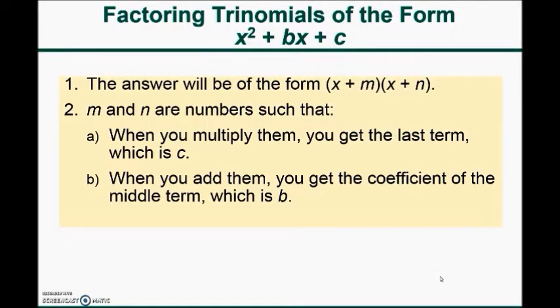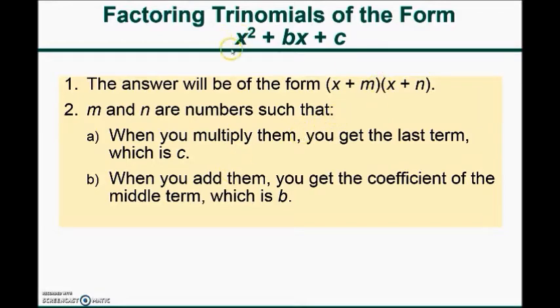Okay, so what is it? Well, first we are interested in factoring the form x squared plus bx plus c. If you look at this trinomial, the coefficient of x squared, that's the number in front of x squared, is 1. It's very easy. So your mission is to find two numbers that satisfy these two conditions.